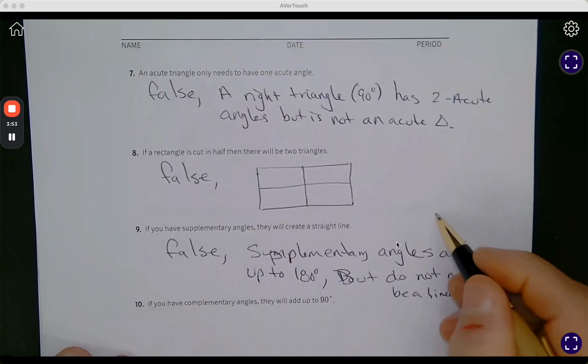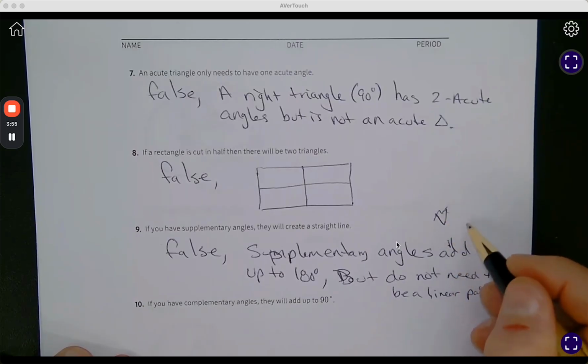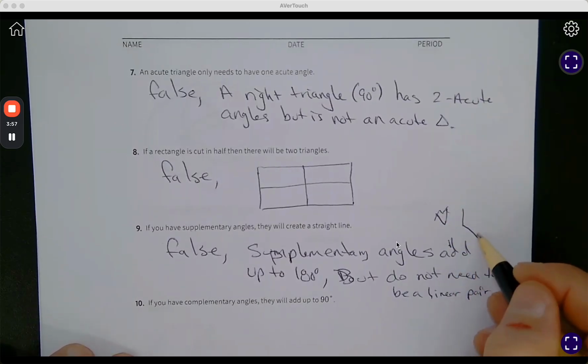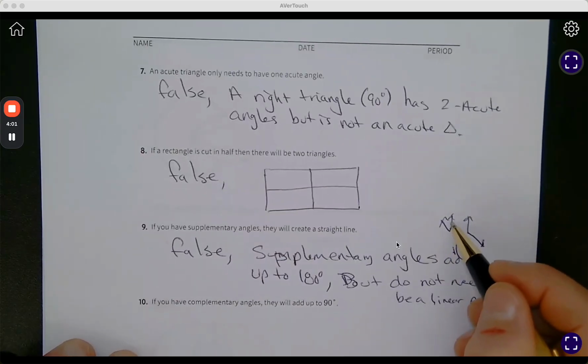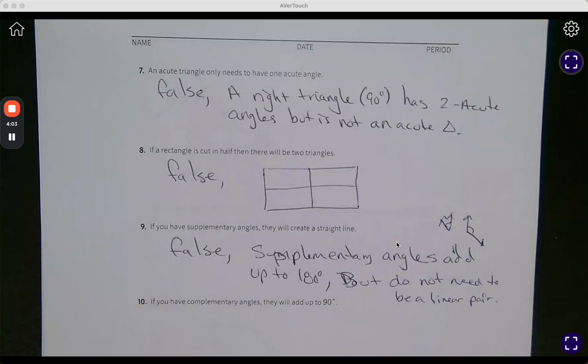So, for example, that angle and that angle could be supplementary, but they're not a linear pair, right? This and this. They could add up to 180. All right, but they're not a linear pair because they're not connected by that side.